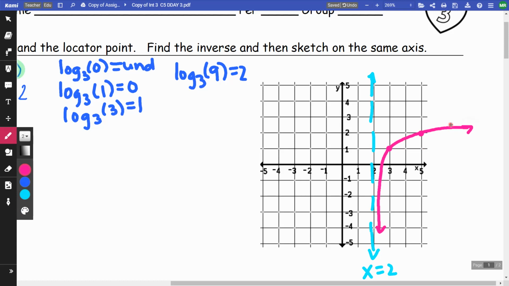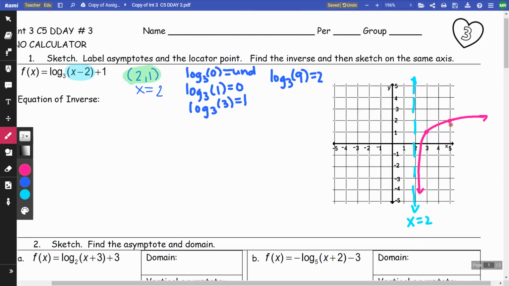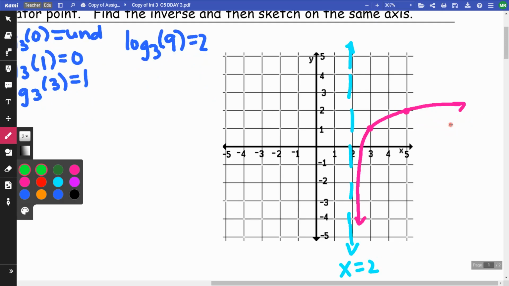Now, I'm going to plot also the inverse of this. When we're plotting the inverse of this, if our asymptote is at x equals 0 for this graph, then the inverse is going to have it at y equal 2.